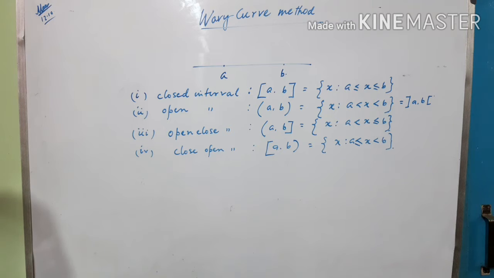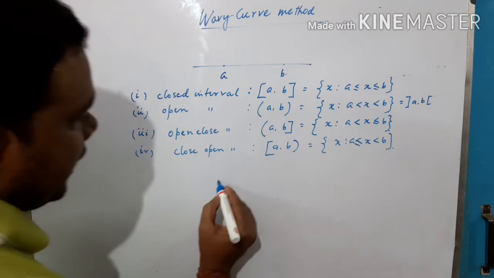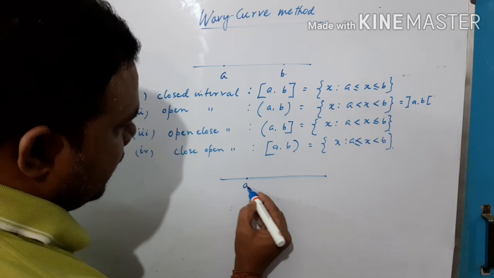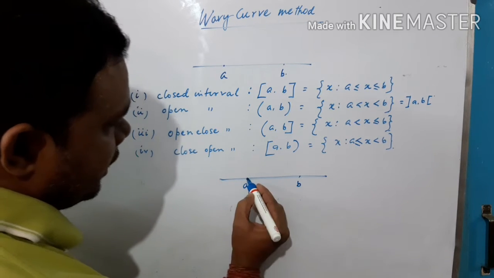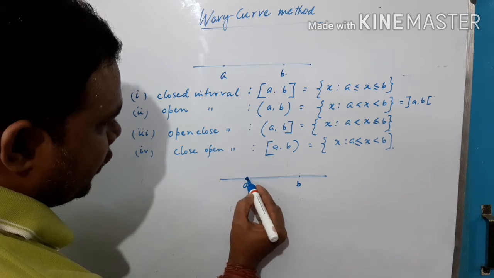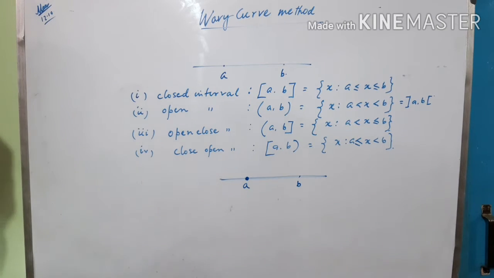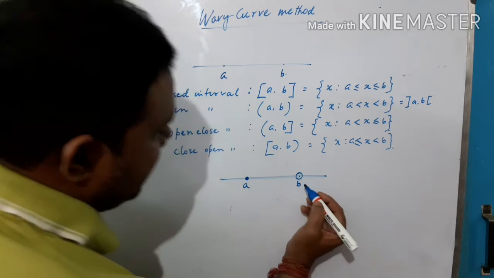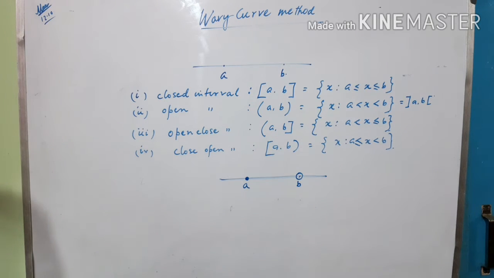Now the question is how we denote whether the point A is included or not. Now see that here is the point A and here is the point B. Now if we make a solid dot on A, it implies that A is included in the interval. Now if we make a blank dot on the point B, this means that B is not included in the interval.